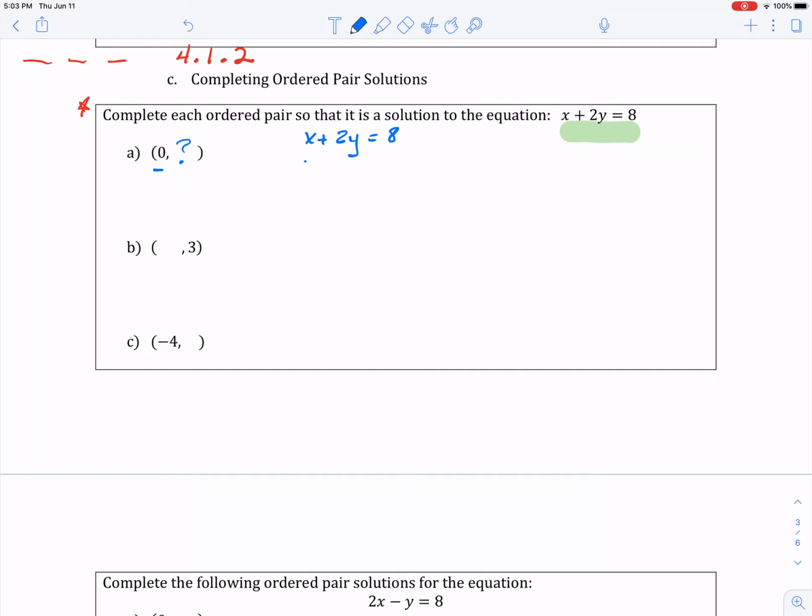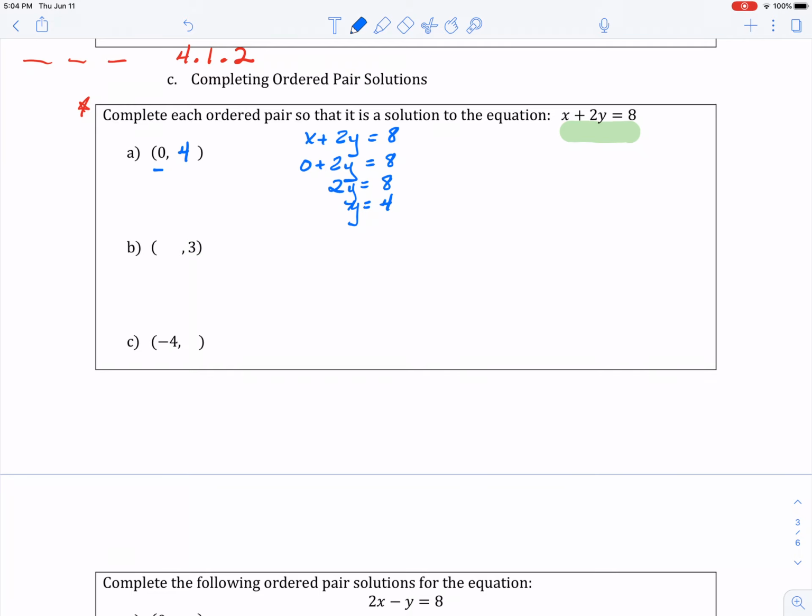And in place of the x variable, I'm going to put in the value, which they gave me here was 0. Whoops, I said 0 and wrote 0, and I meant to write 8. Sorry. That leaves me with 2y equals 8, and dividing by 2, I get 4. So when x is 0, y is 4.